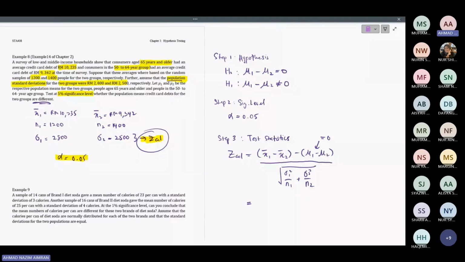All the information required is given in the question, so you just need to replace the values into the formula.